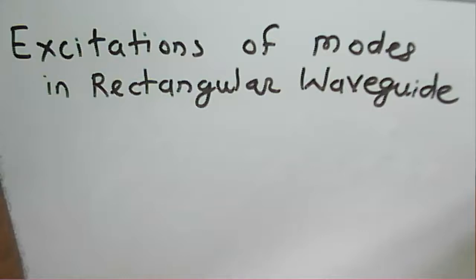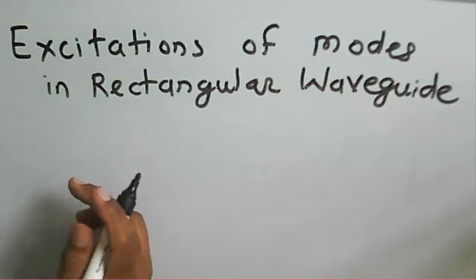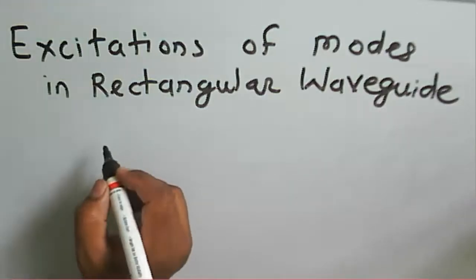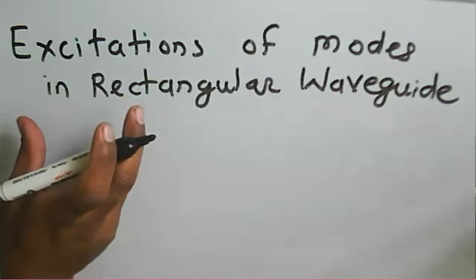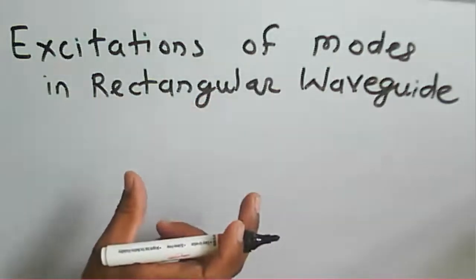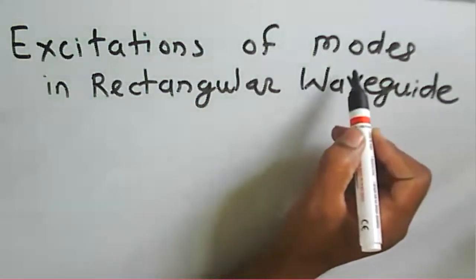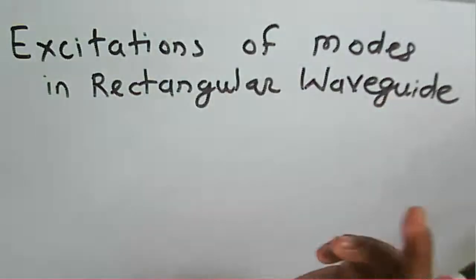How we are providing it, that's why we say there is the excitation of a guide. Excitations for the mode can be a TE mode or a TM mode.